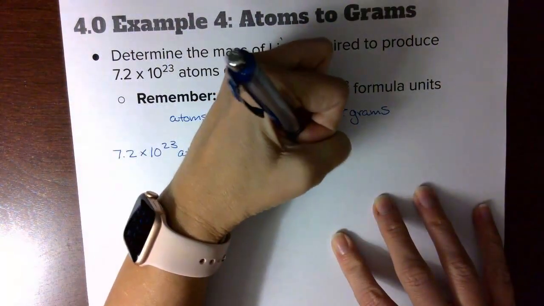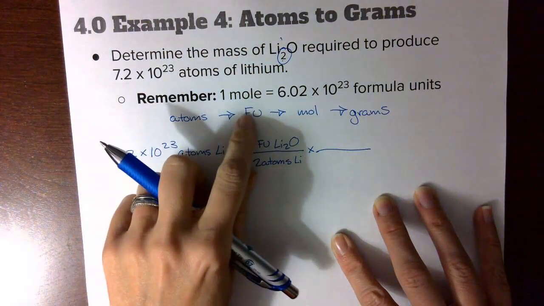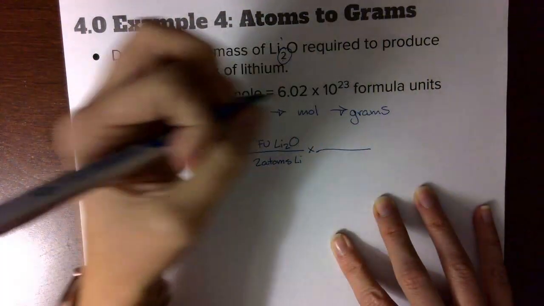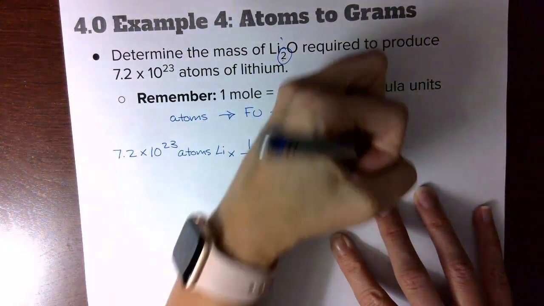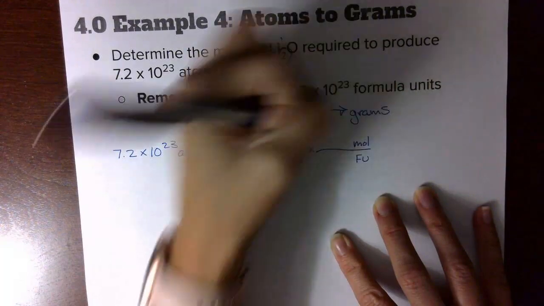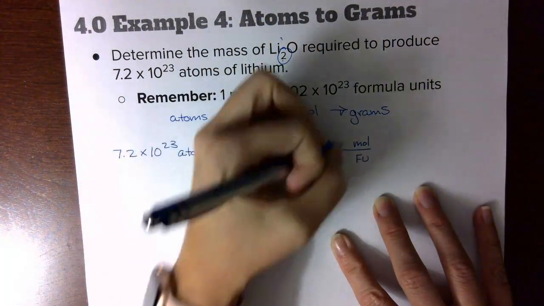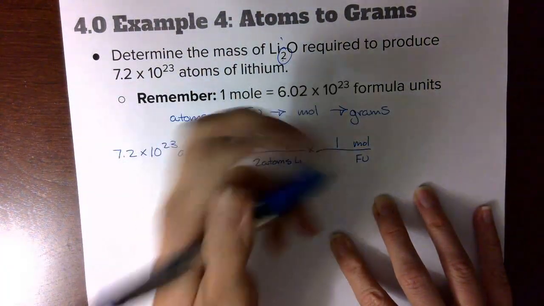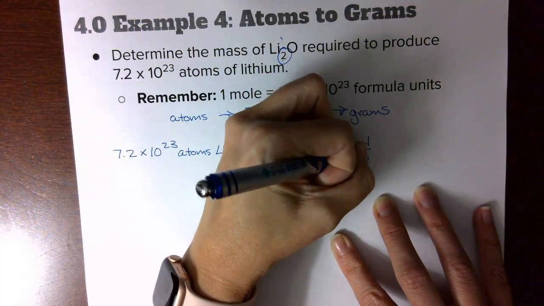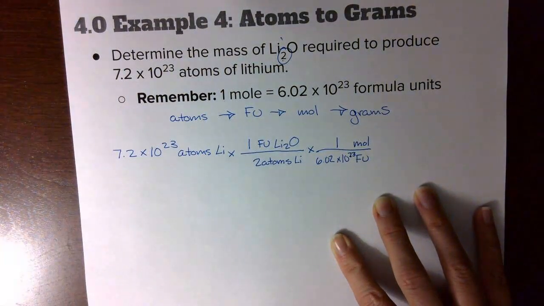Now I'm going to do times in a line to go from formula units to moles. We want formula units to go away, so formula units on the bottom. We want to go to moles, so we're going to put moles on the top. And I know for every 1 mole, we have 6.02 times 10 to the 23rd formula units. Okay, we're almost there.